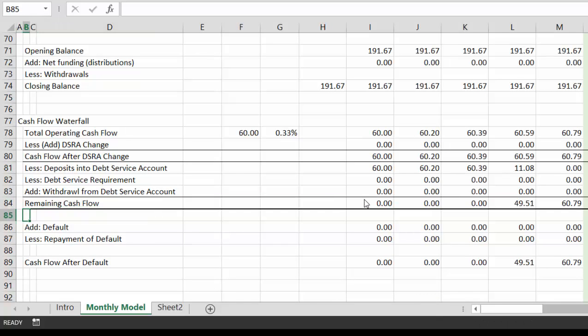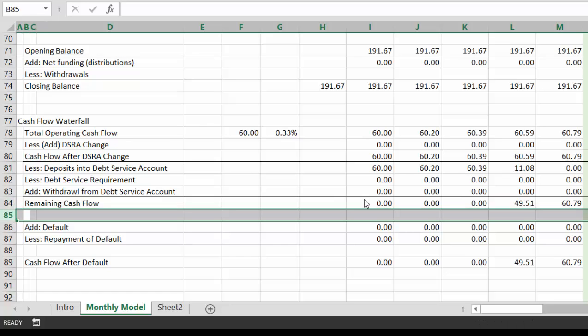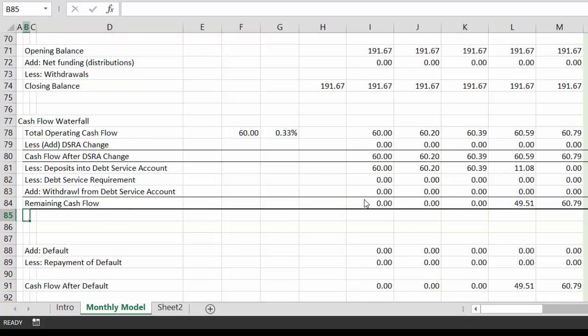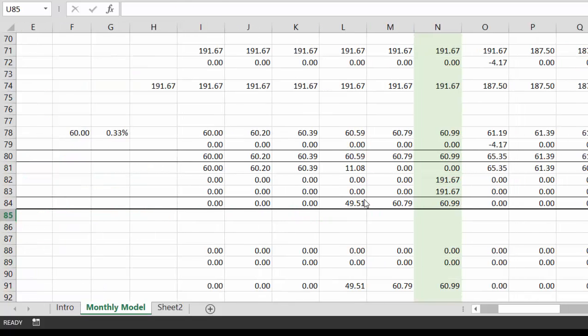Before we have a default, we can add the withdrawal from DSRA, not from debt service account.